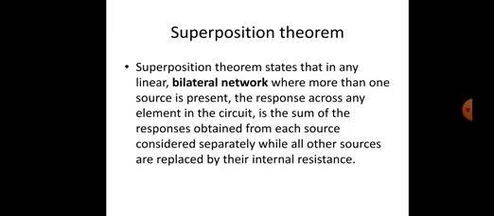Superposition theorem states that in any linear bilateral network where more than one source is present, the response across any element in the circuit is the sum of the responses obtained from each source considered separately while all other sources are replaced by their internal resistance.